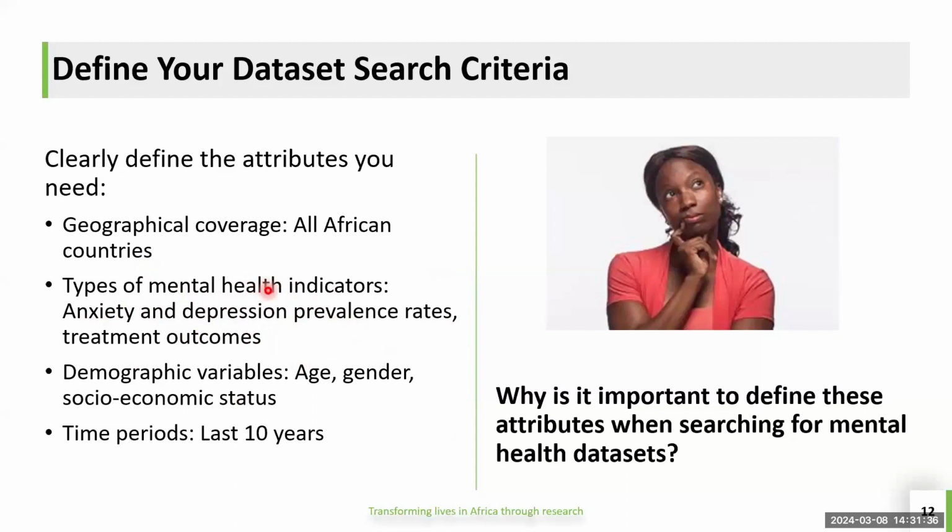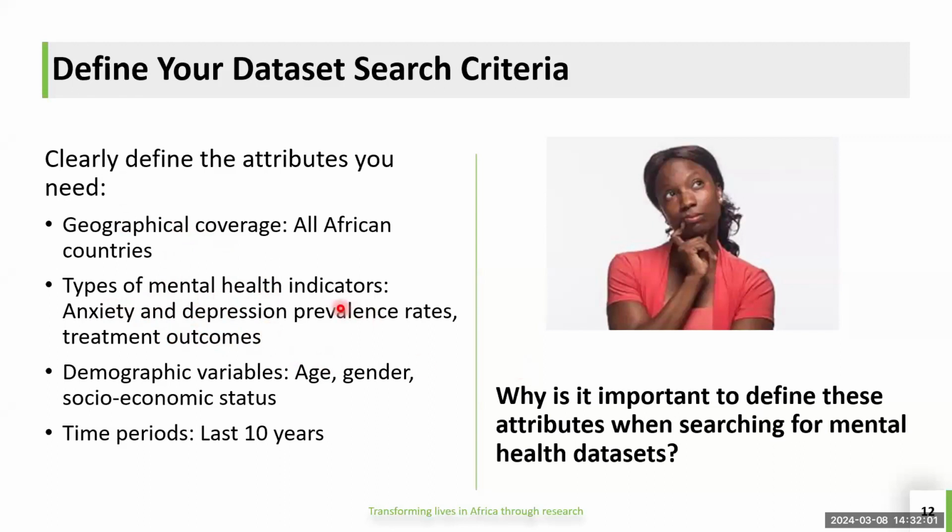Because, for example, just searching for data on all African countries or data on all ages or on different ages and gender, that's too generic, right? So whatever search you're putting, you want to include the aspects of mental health that you're interested in.